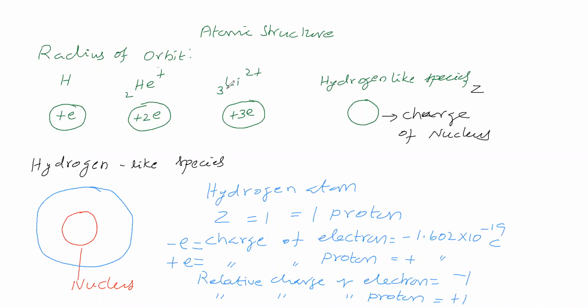With atomic number 3, the nucleus contains 3 protons, so we multiplied by 3 and said the charge is plus 3E. Hydrogen-like species is the general case, for which the atomic number is Z.